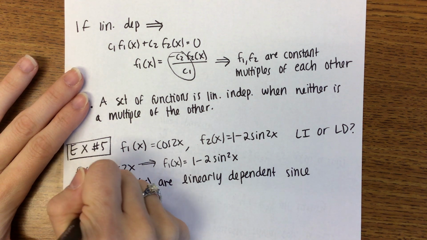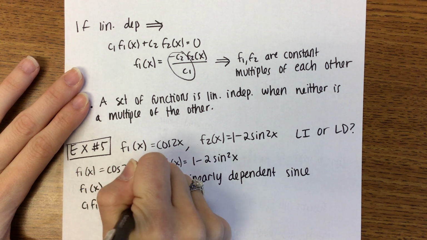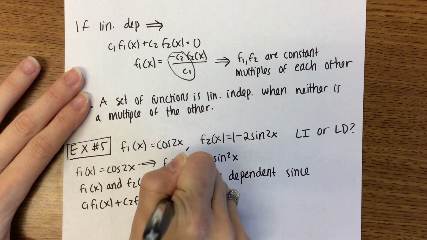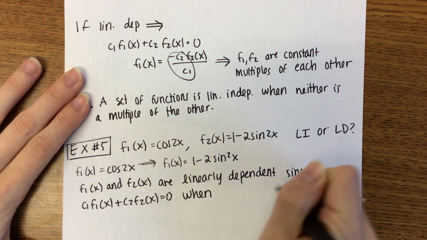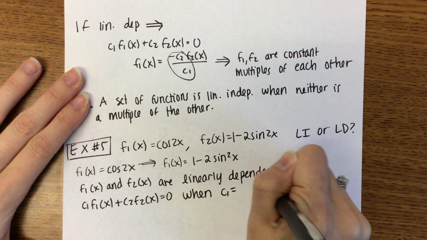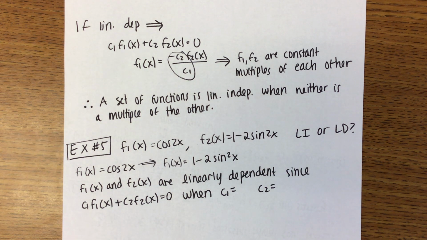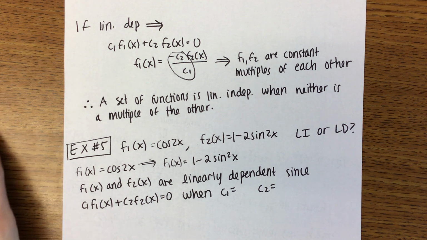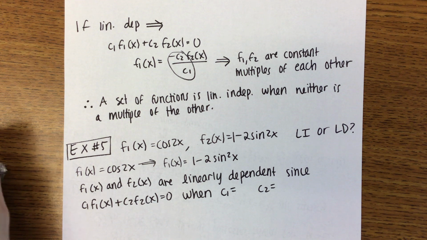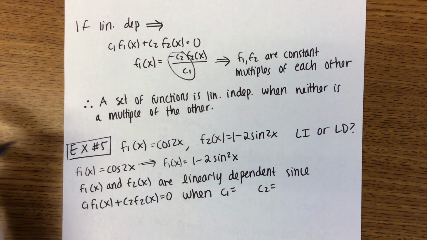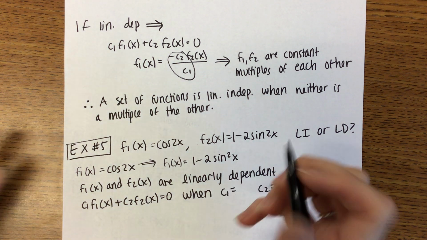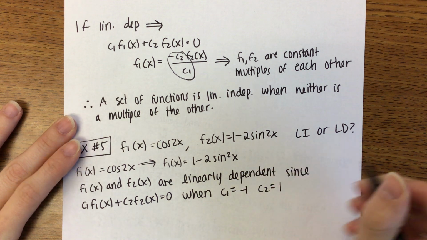So C1 f1 of x plus C2 f2 of x equals 0 when C1 equals something, C2 equals something. What does C1 equal? Or what do they have to be? How about just -1 and +1?